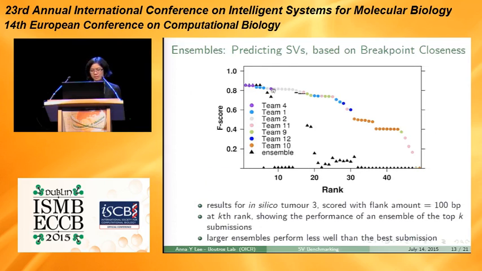So we could see that the ensembles indicated by the triangles perform less well pretty early on in the ranks. So again, if we look at the third rank here, the ensemble of the top 3 submissions performs as well as the best submission, but if we move along to around just before the 10th rank, then there's already a drop-off in the performance from the ensembles.